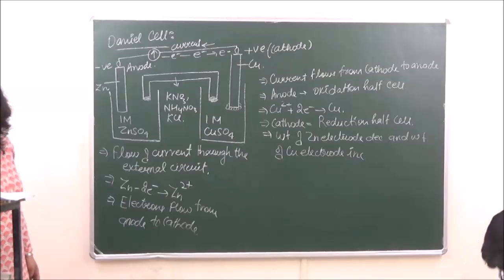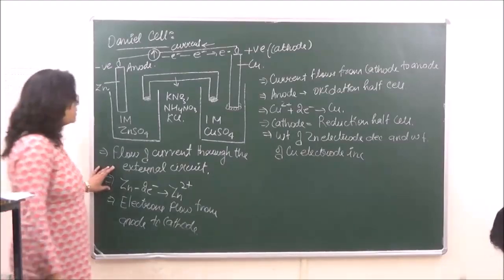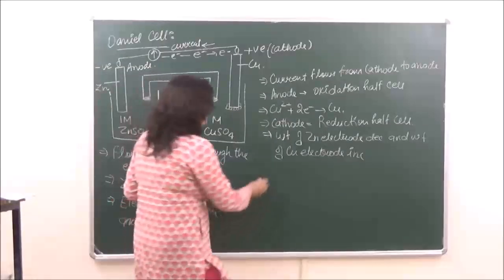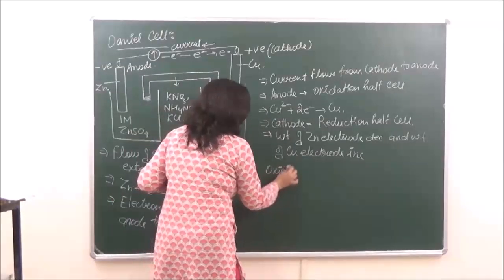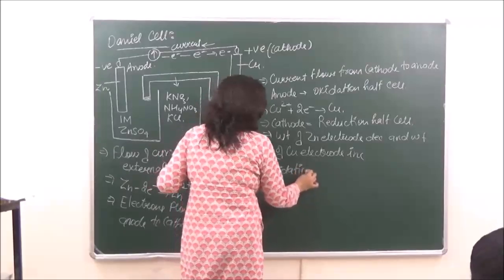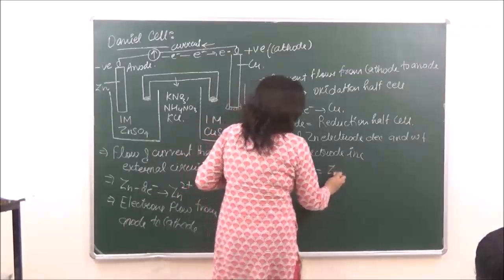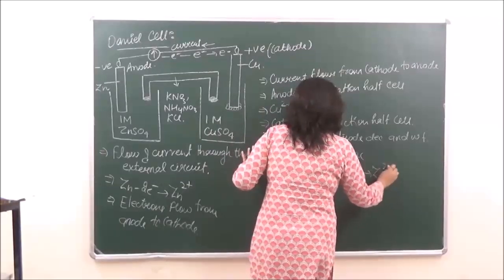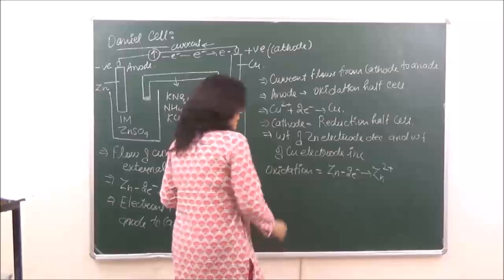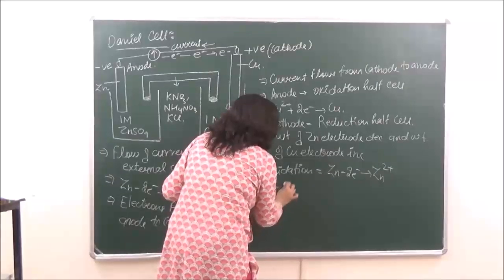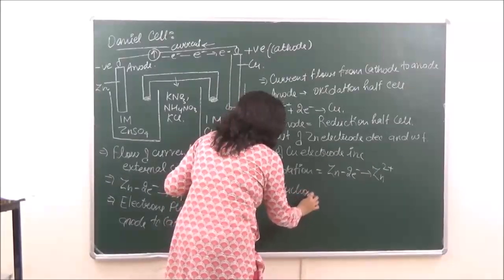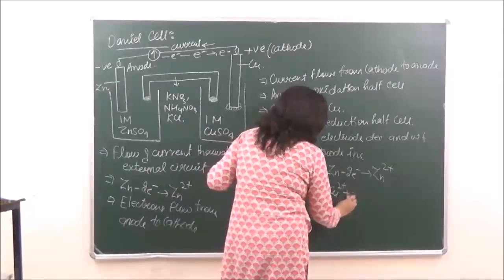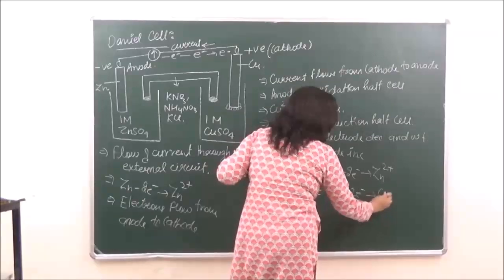Okay, so over here at anode always oxidation is going to take place, and at cathode always reduction is going to take place. If we combine both the oxidation and reduction half reactions, what is the oxidation half reaction over here? Oxidation half reaction, that is Zn minus 2 electrons to give us Zn2 positive, and reduction is Cu2 positive plus 2 electrons to give us Cu.